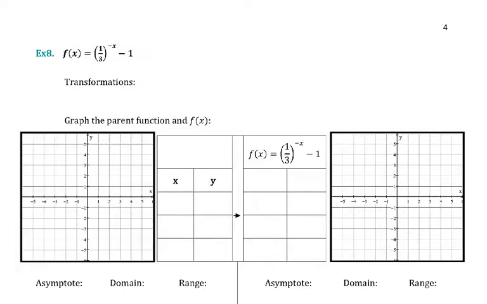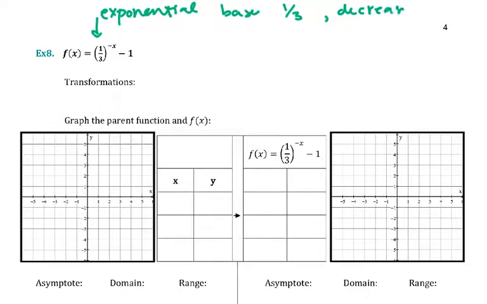So we're starting off with an exponential function here. It is an exponential function. My base is 1/3. And because that base is less than 1, we know it's going to be decreasing. Okay? So the parent for this exponential would just be the very most basic.